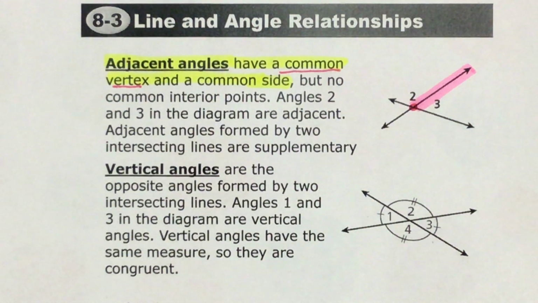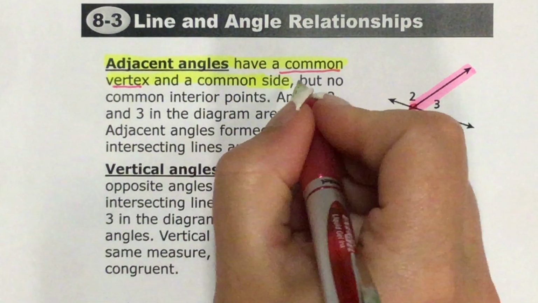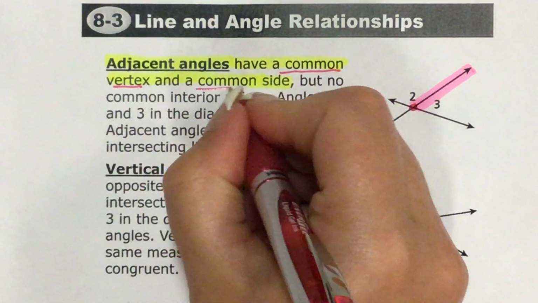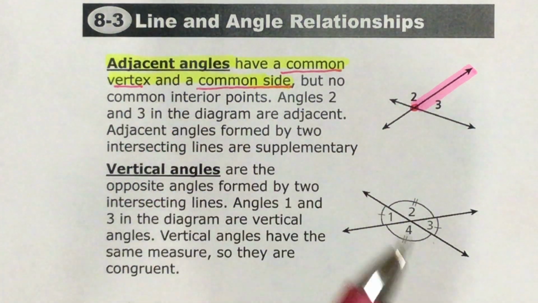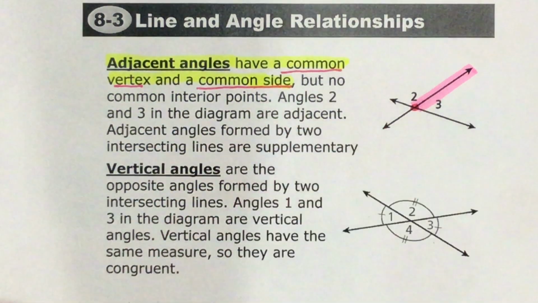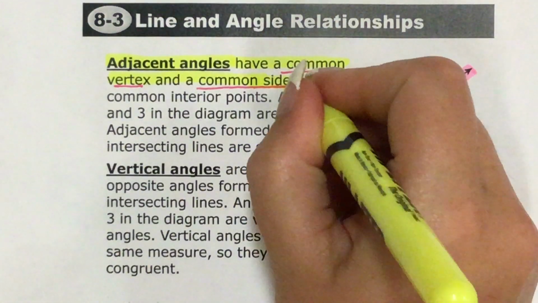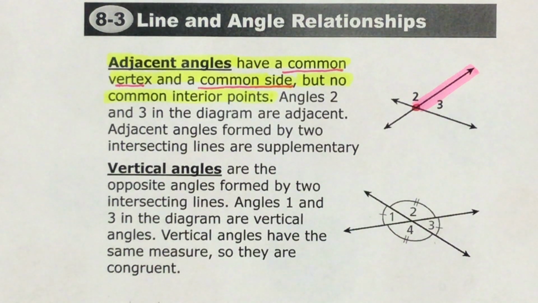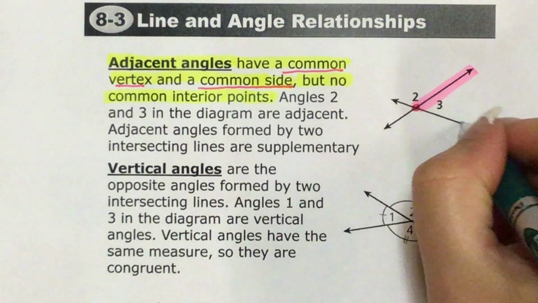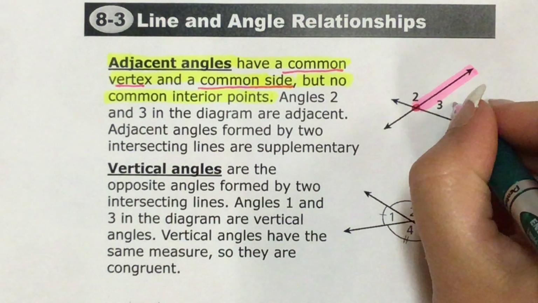If you see, angle 2 and angle 3 share this side right here. Okay? So they have a common vertex and a common side, but no common interior points. What that means is that any point that I mark, here's angle 3, right? So this would be an interior point.